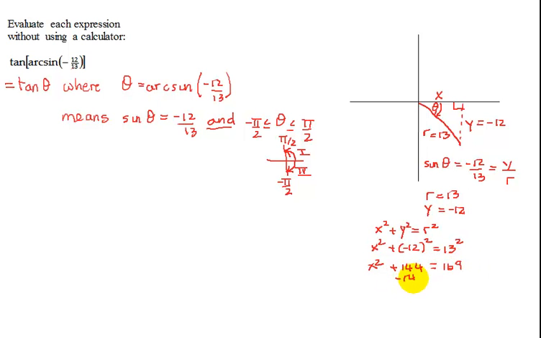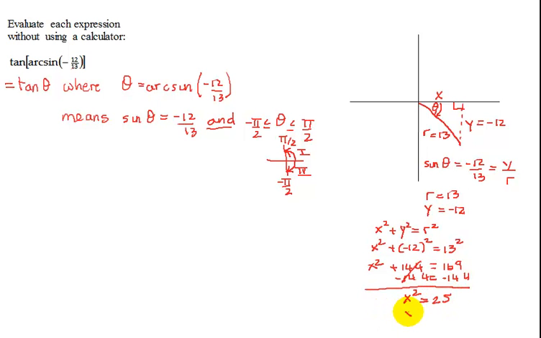Let's subtract 144 from both sides. So I get x squared equals 25.